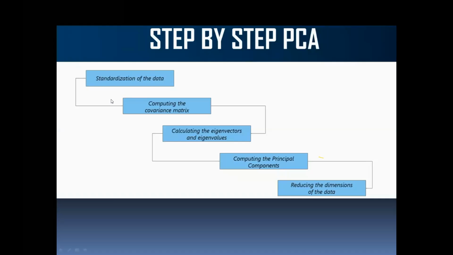We will see the step-by-step process of PCA. First, consider the data is in the form of a plane, a two-dimensional representation, or otherwise consider the 10 features for your face recognition application. The first step is standardization of the data.